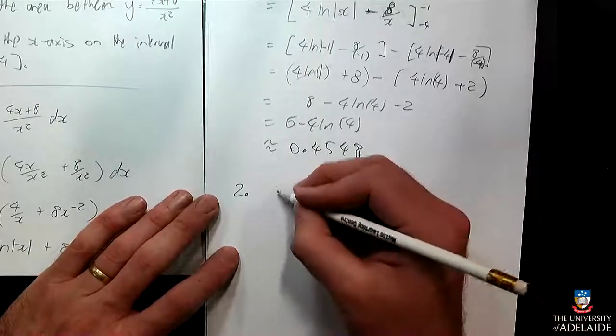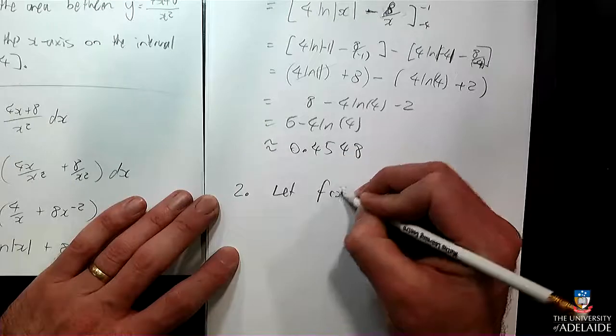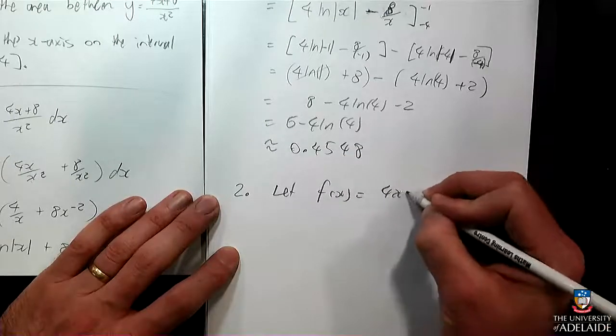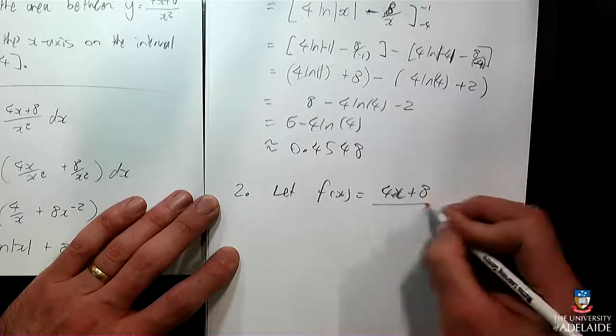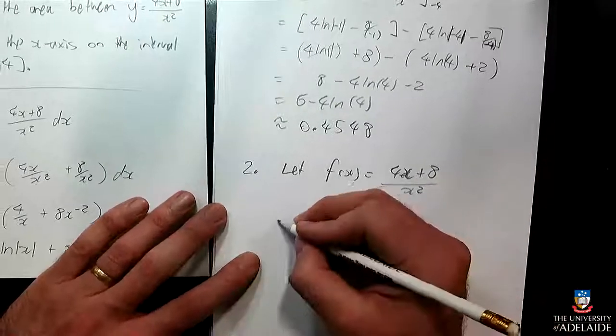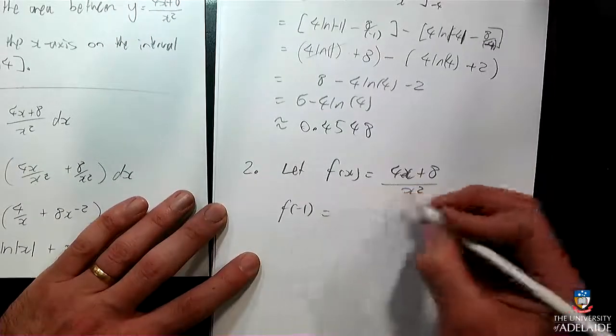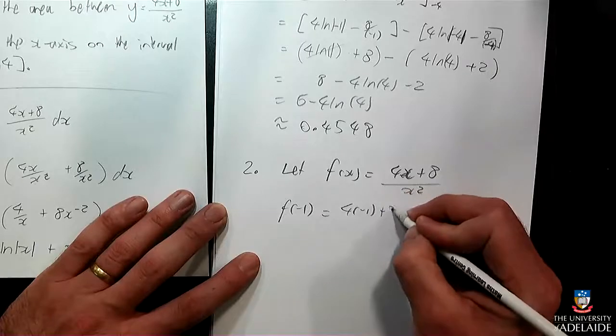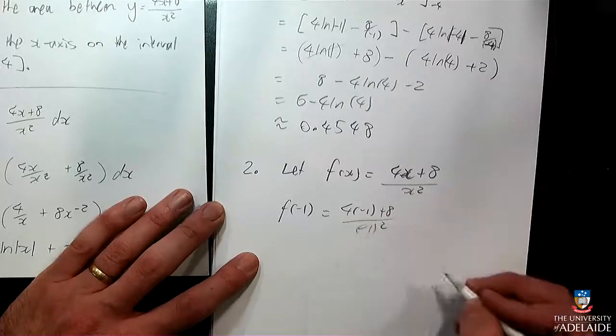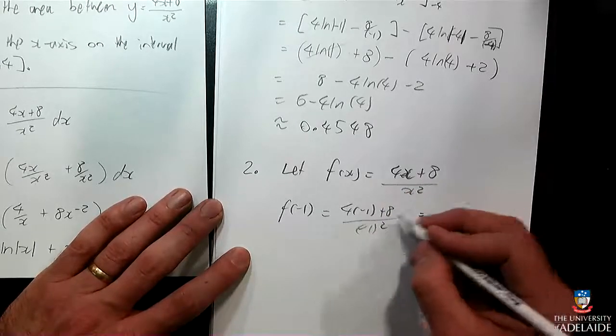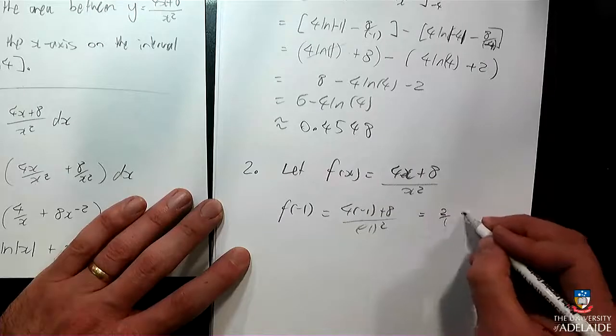So let's see. I'm just going to give the function a name so it's easier to talk about. Okay, so f of minus 1 is 4 times minus 1 plus 8 over minus 1 squared. So 8 minus 4 is 4, which is 2.